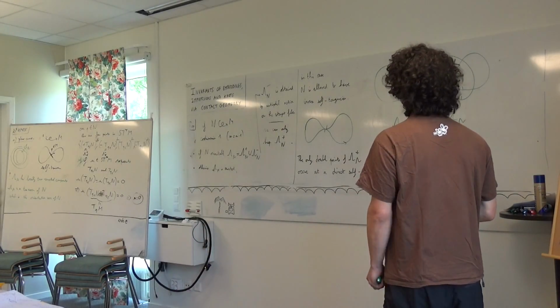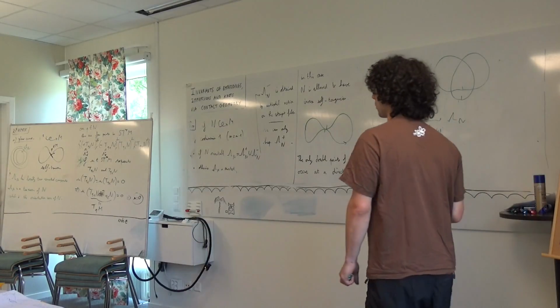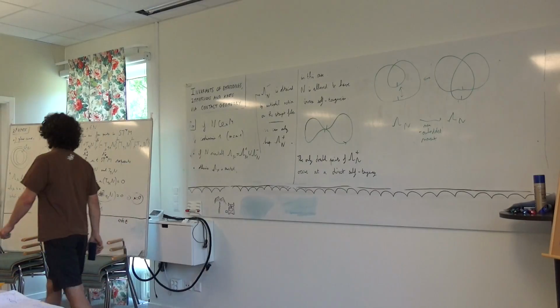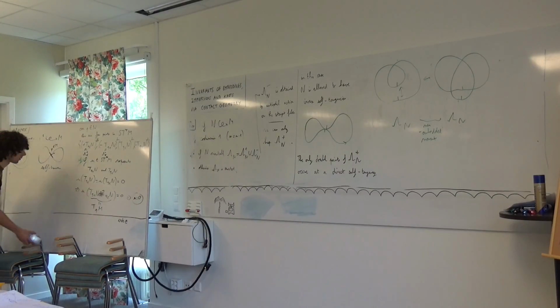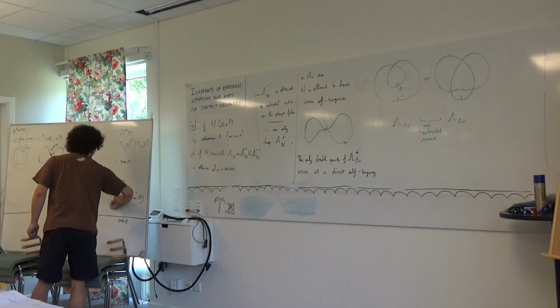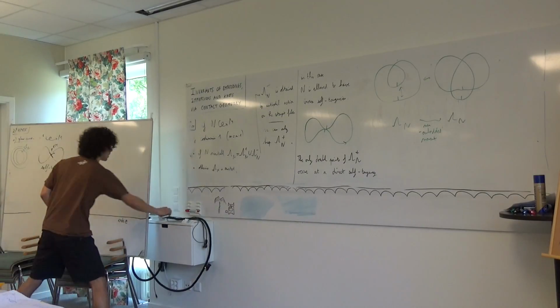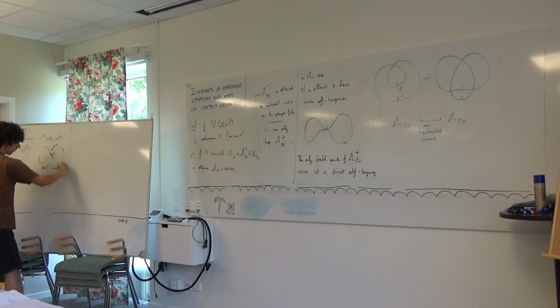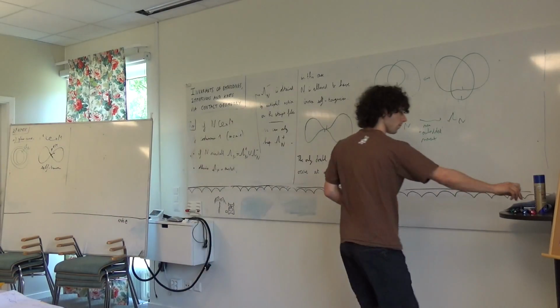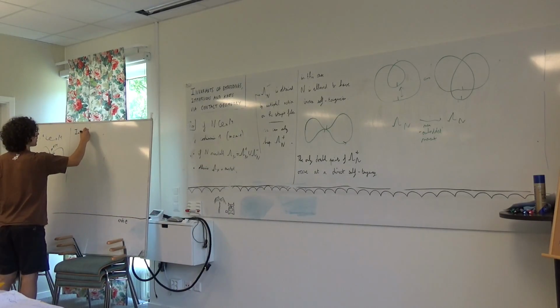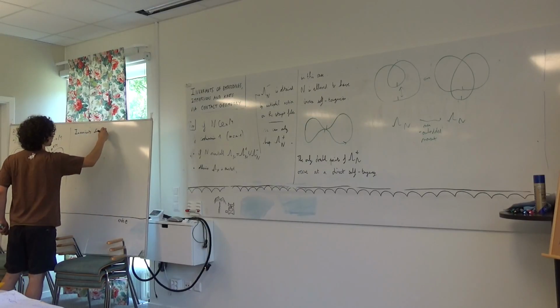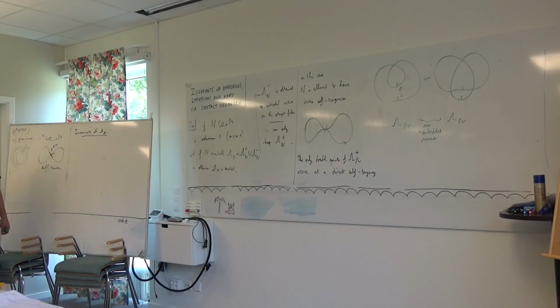Okay, so what can we do for plane curves? For example, we can define the invariants of lambda n to be invariants of the plane curve. So, what do we have for lambda n?